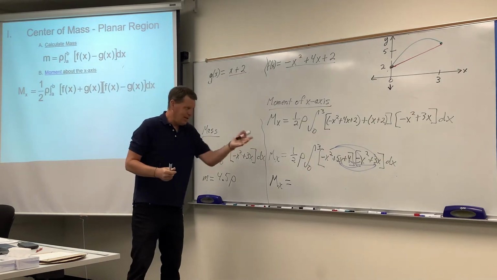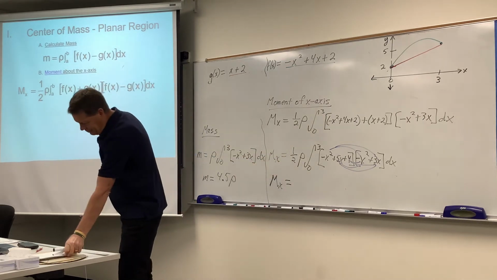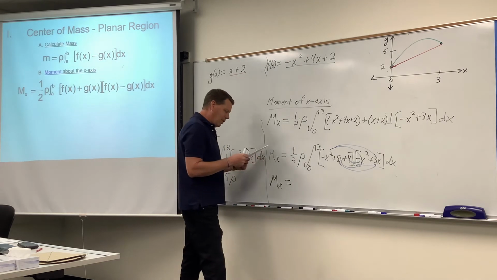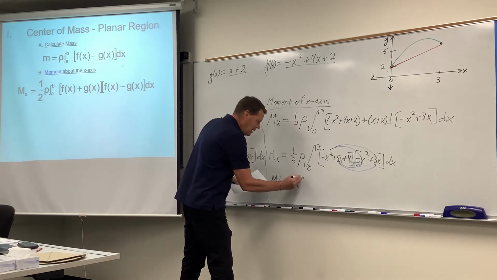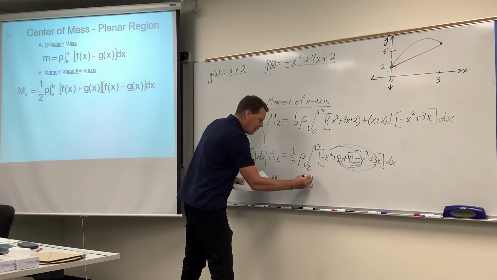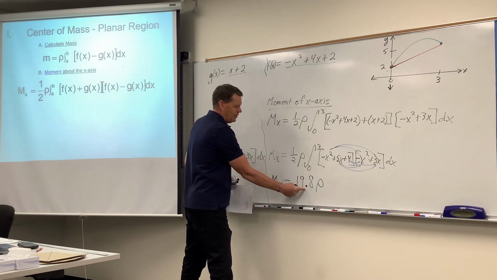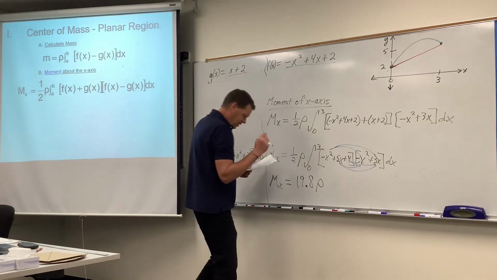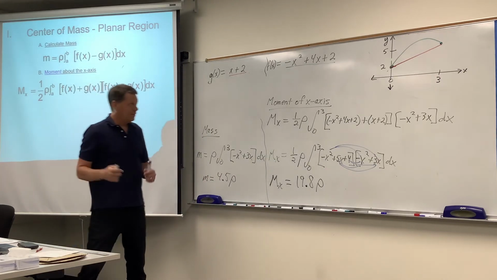You can do it, it's algebra, times a half. And it turns out, I know it's lazy, but we got to push you out of the nest at some point. I'm trying to get you used to that kind of thing where we go, hey, you're big calculus people now. So that integral apparently was double this times a half, 19.8, and then rho. So that's the moment about the x-axis after you go do all those mechanical things.